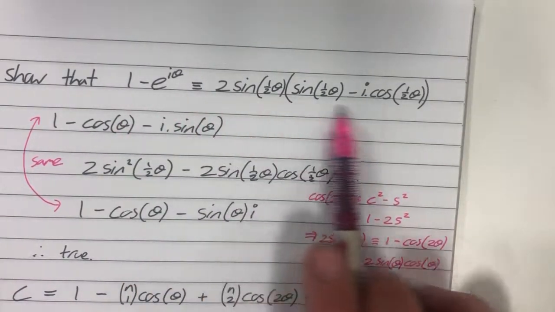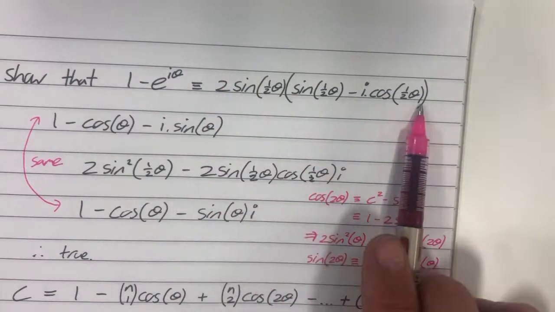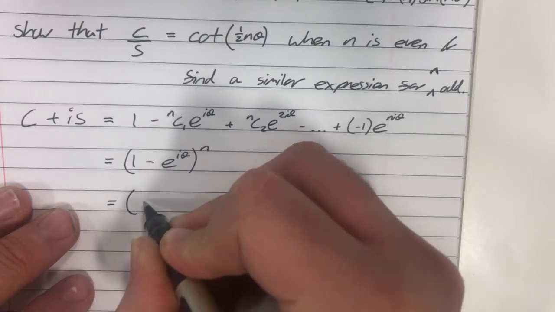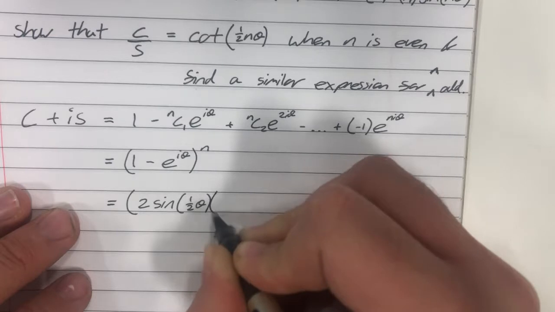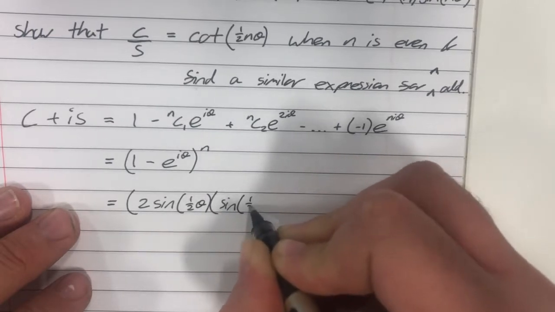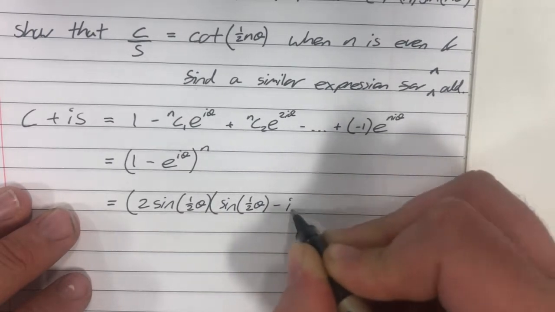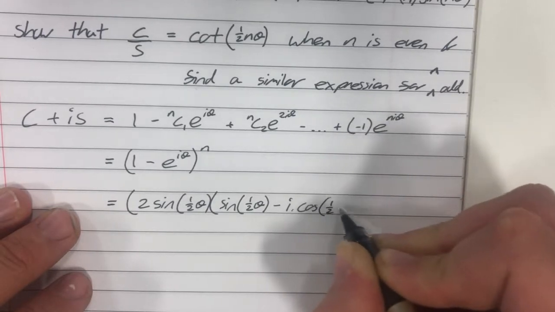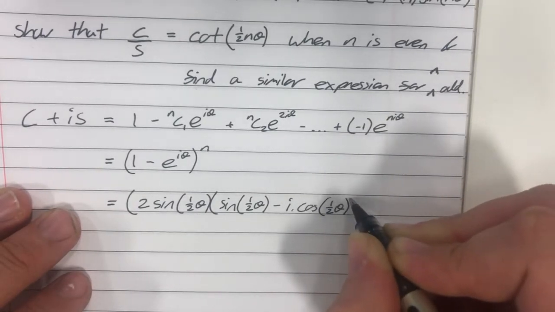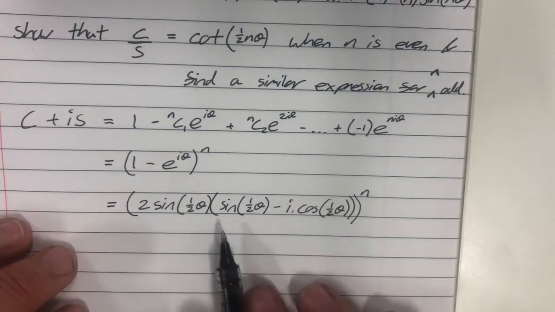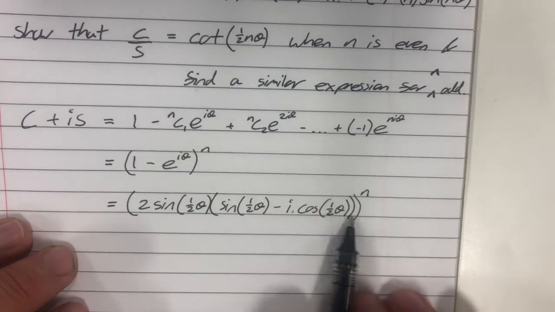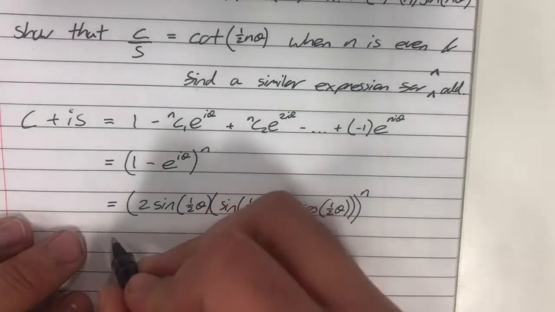So because that is now here, I'm going to take the definition of that and plug that in its place. So that's going to become 2 sine of a half theta into sine of a half theta minus i times cos of a half theta, and that's all to the power n. This is not quite in the form ready for De Moivre's Theorem, so I'm actually going to take out a factor of minus i from that.